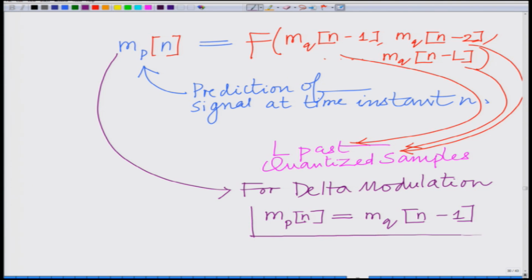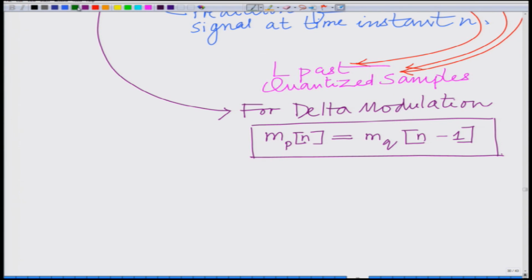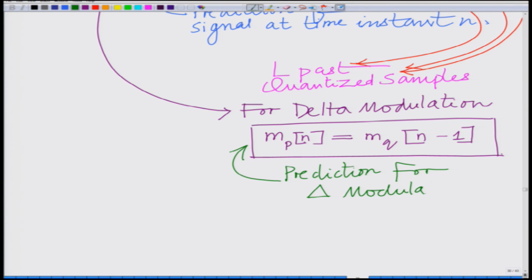This is the prediction function for delta modulation: MP of n equals MQ of n minus 1.